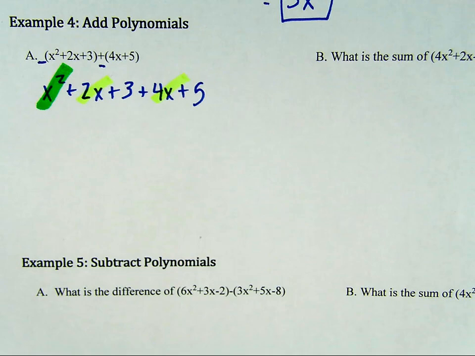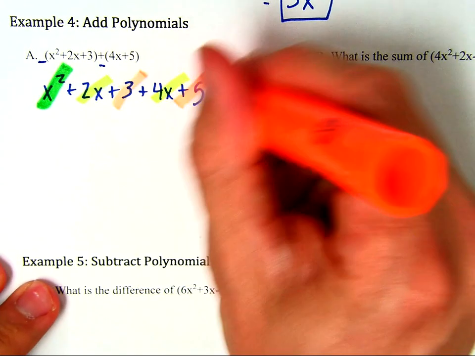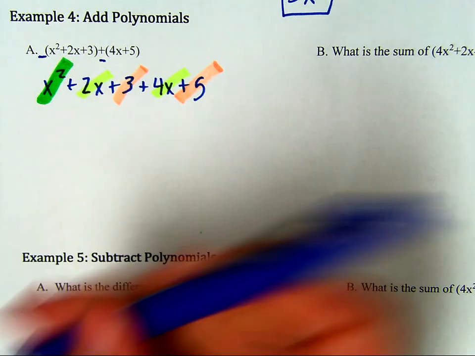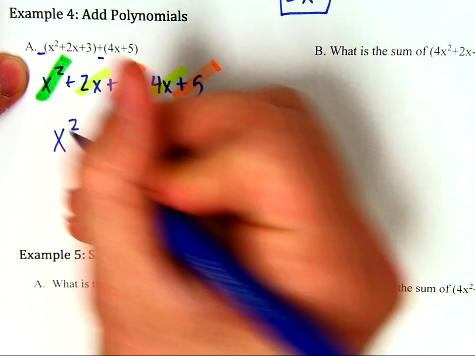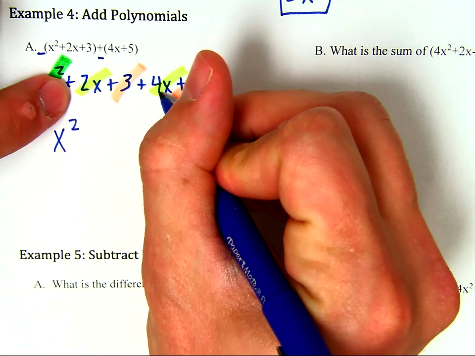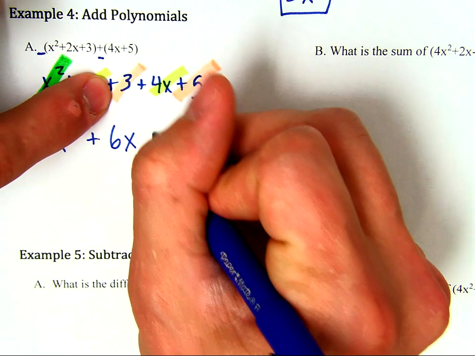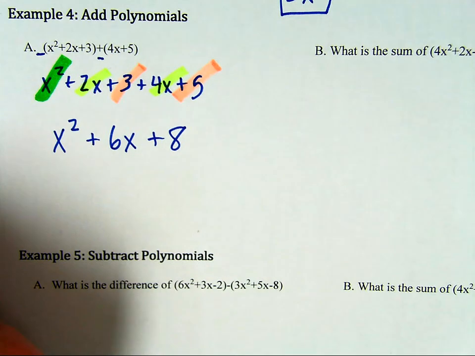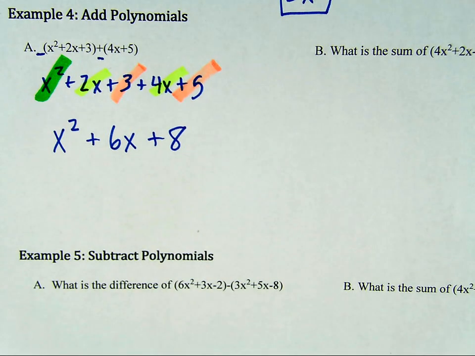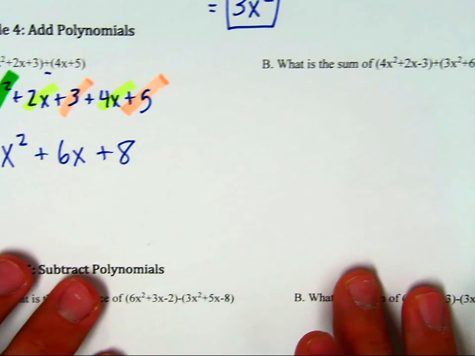I've only got one x squared term, two x terms, and the 3 and the 5. So we've got x squared, my 2x and 4x becomes 6x, 3 and 5 becomes 8.